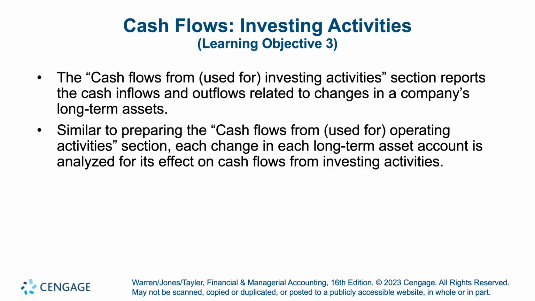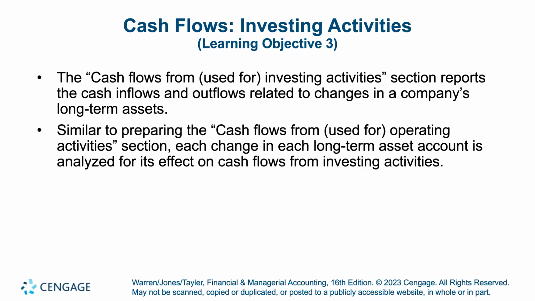But I mentioned that the statement of cash flows is broken into three sections. The first was the operating activities, and we learned that there were two ways you could approach doing it: the direct method and the indirect method. The direct method just tries to say, here's all the money that came in and here's all the money that went out. But the problem with that is we often don't have good records of that.